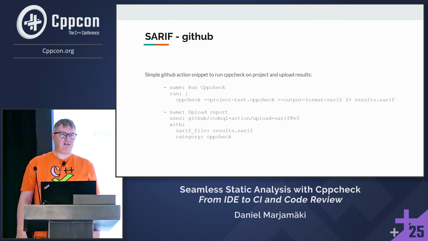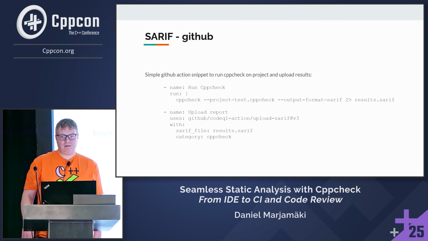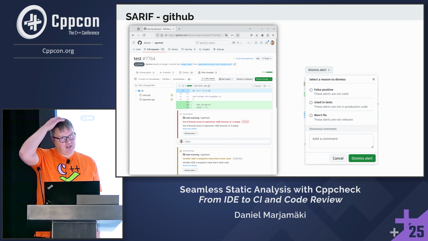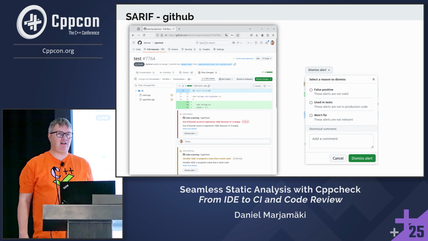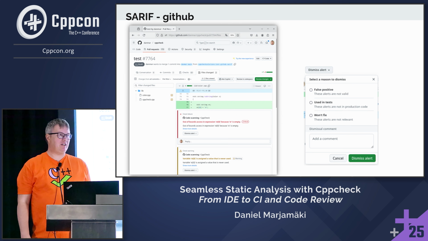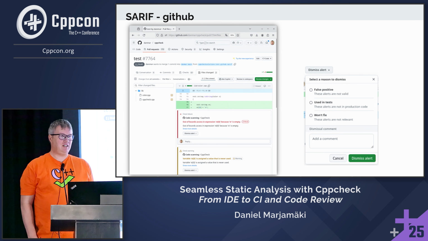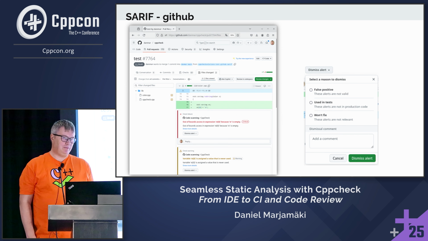Then I add a step that uploads a report. With this little code, instead of looking through weird CI logs, you will get warnings directly in the GitHub interface. When you or your colleagues review your PR, they will see the static analyzer warnings inlined in the review view.